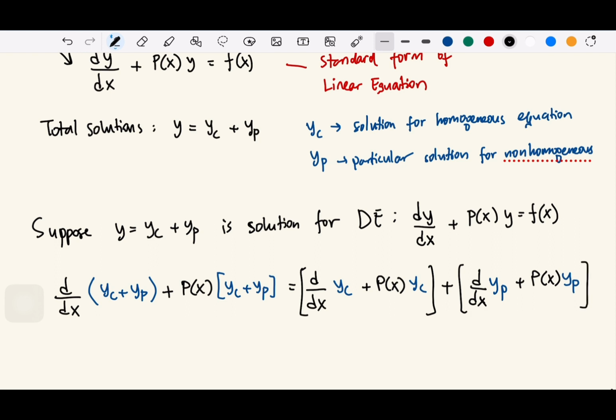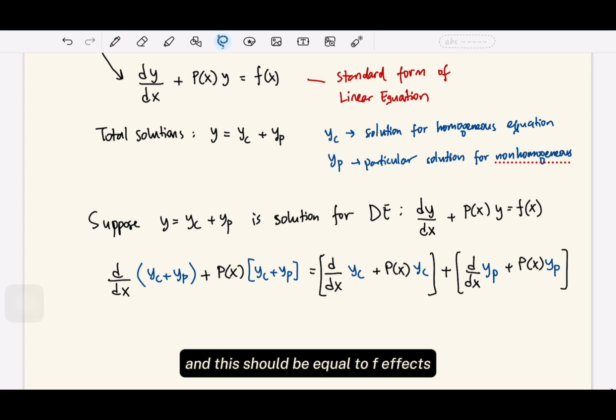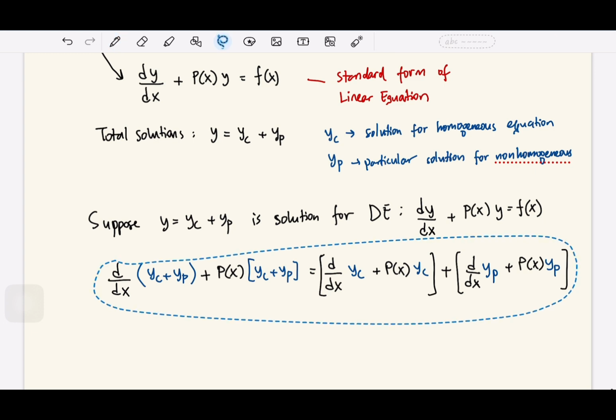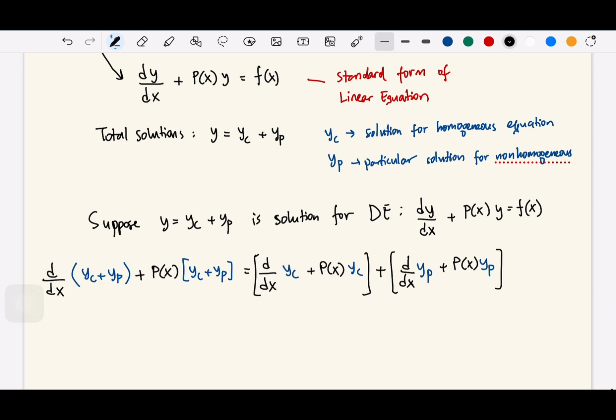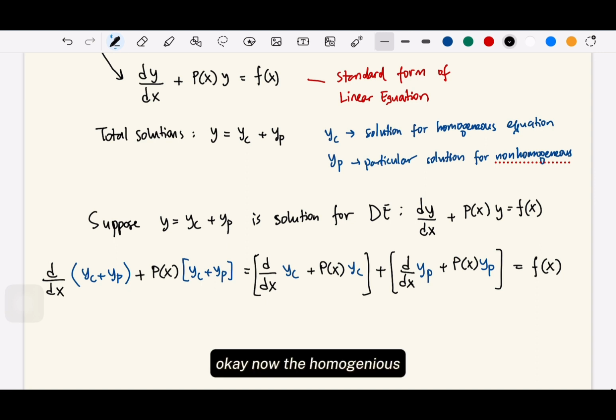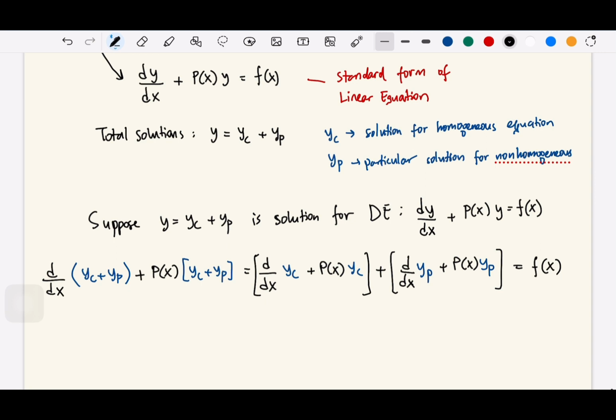And this should be equal to f of x. Now the homogeneous is equal to 0, right?